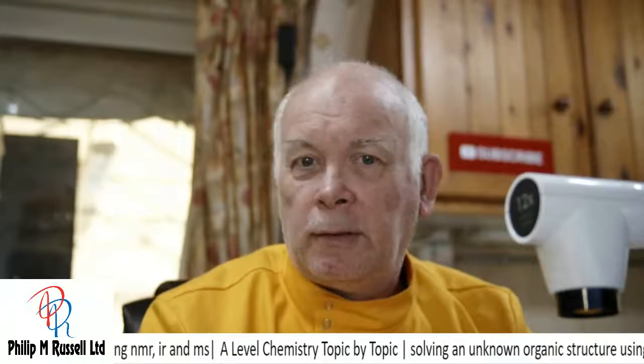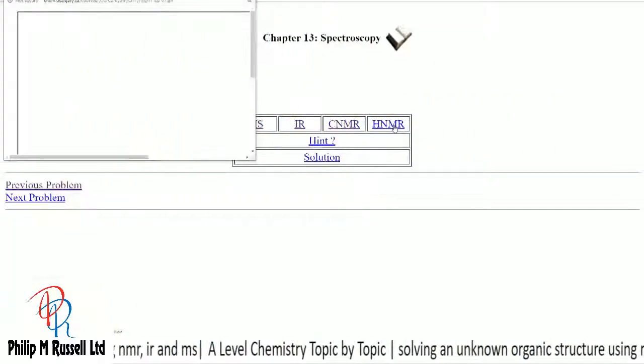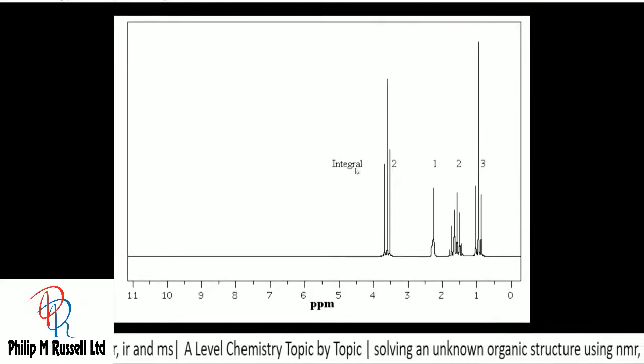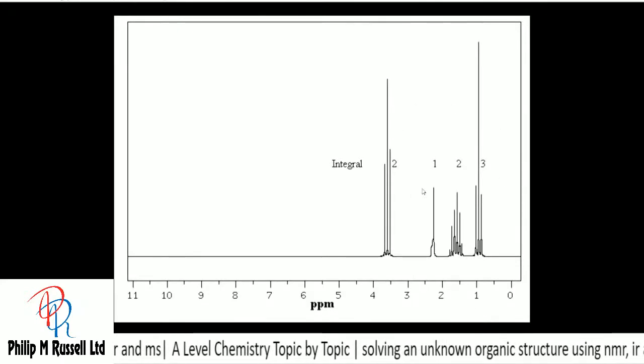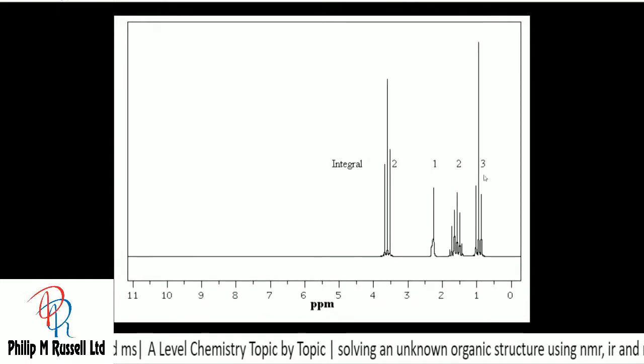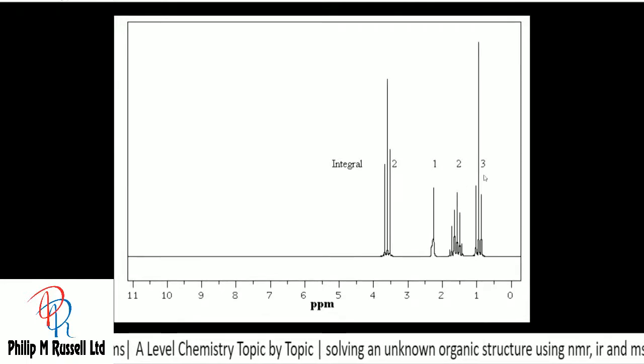So now let's move on to the proton NMR. This proton NMR will tell us quite some interesting things. So 4 peaks, so there are 4 different proton environments.